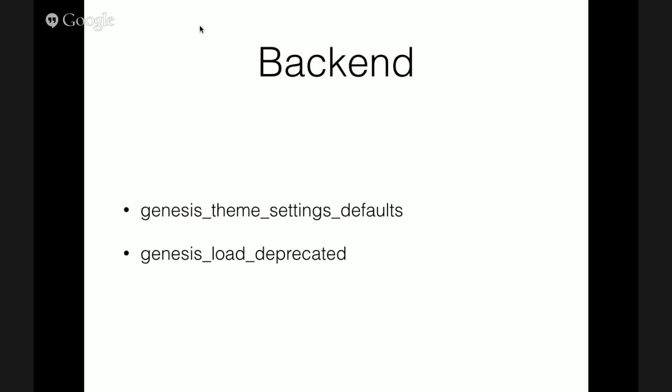So then I don't have to go into each individual site and update the settings on a site-per-site basis. I can just add this function and the filter to my theme and have that run one time. It'll set all the default theme settings, and I don't have to go back through.